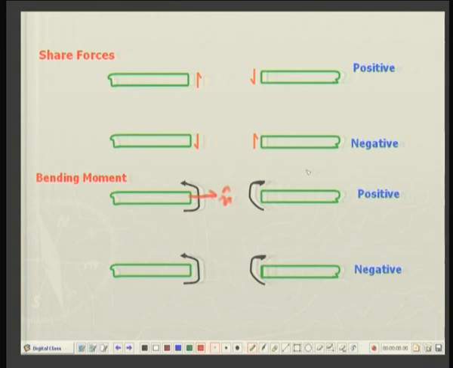So two negatives or two positives will give you a positive bending moment, and similarly over here. So, this is a very systematic way of identifying positive shear force, negative shear force, positive bending moment, negative bending moment, positive axial force, negative axial force.